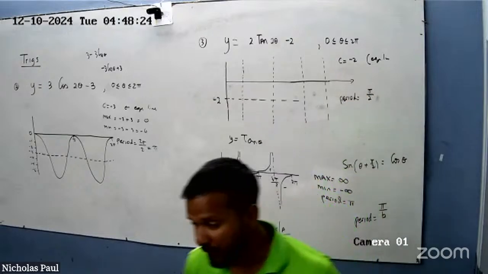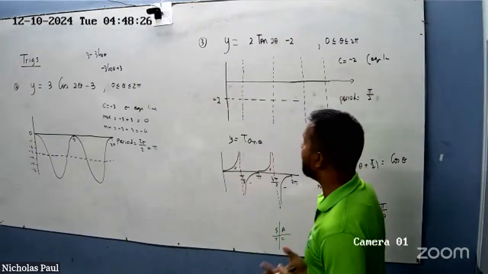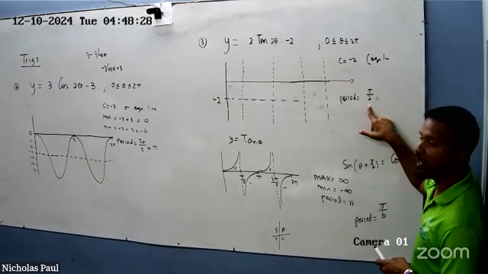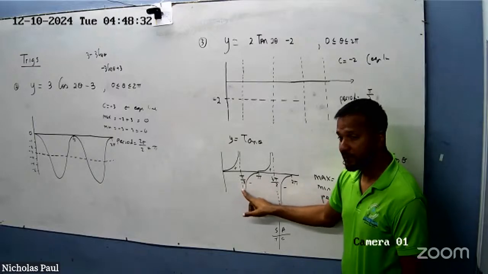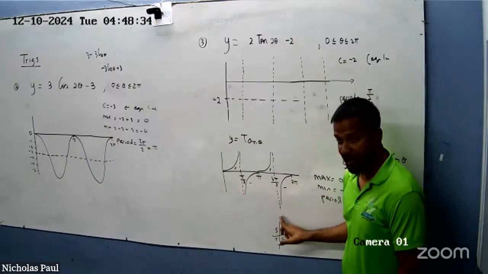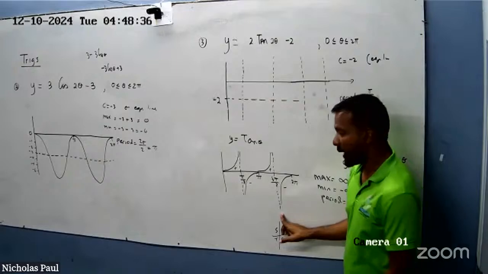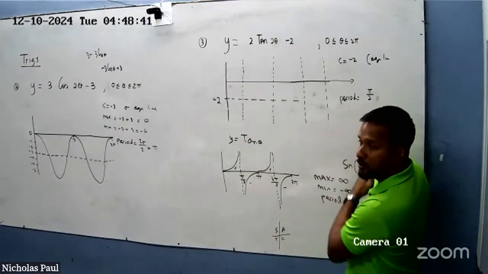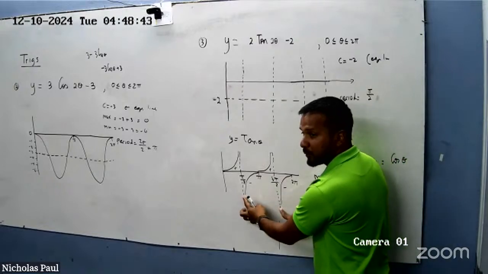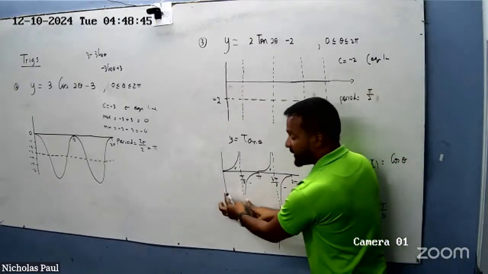All right, ready? So here we learn that the period is now pi on 2. When the period was pi, here's pi, and here's half of pi. So if the period is now pi on 2, how much is here to here?